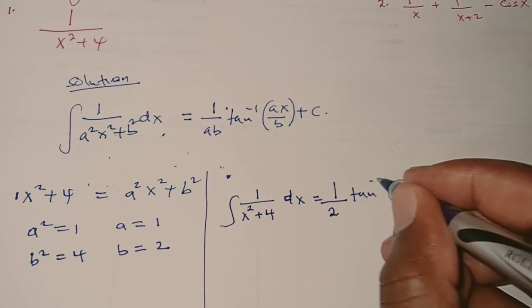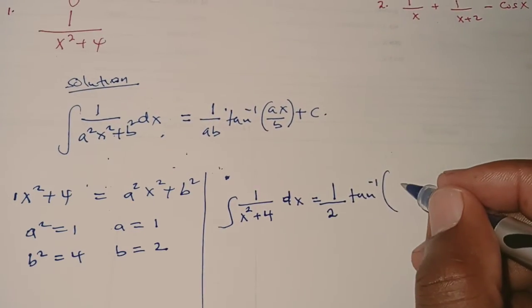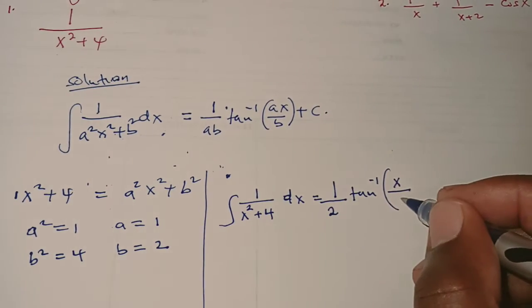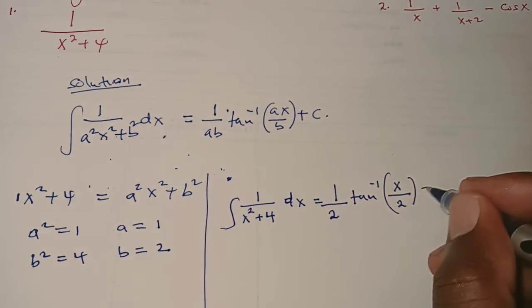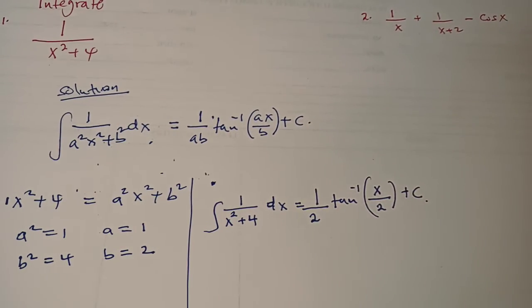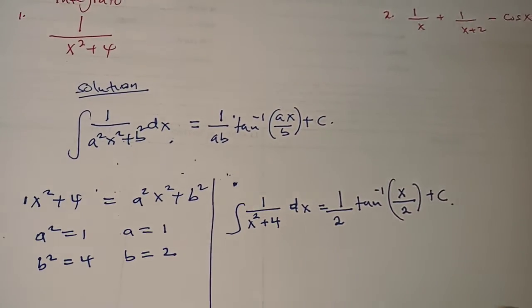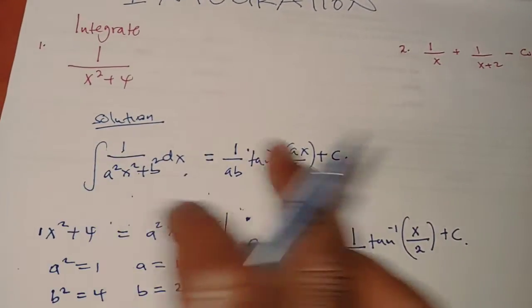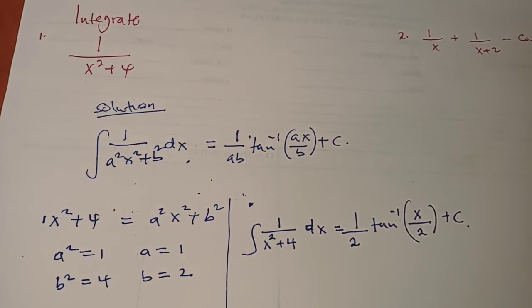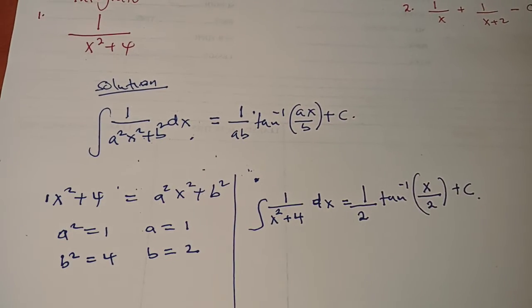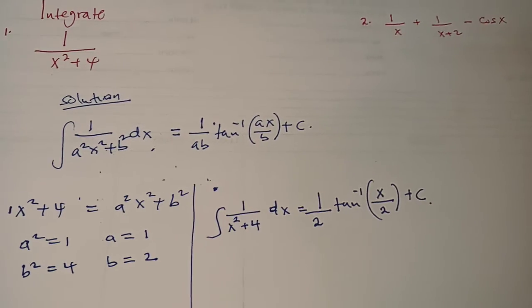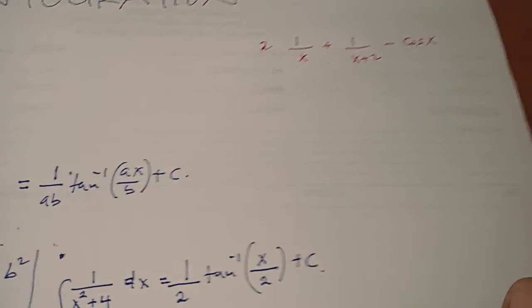Tan inverse of x over b is 2, then plus a constant of integration. So it relies on you remembering how this one is related to a trigonometric function and inverse, to say the least. Okay, so we go to the next question here.